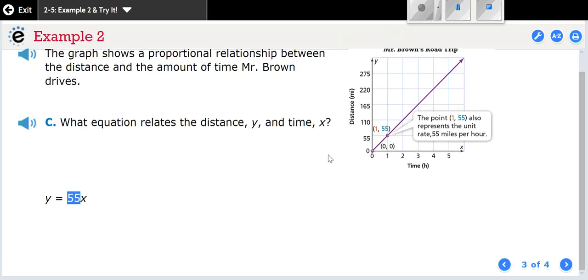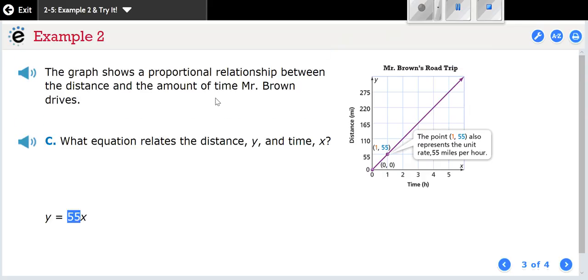And so our equation helps us understand this relationship between them. And from here, we can really start to answer any question we might have about how Mr. Brown drives. We can start saying, well, what's going to happen in 3 hours? And what's going to happen in 4 hours? Or we can go beyond what the table says and ask, well, what about 15 hours?